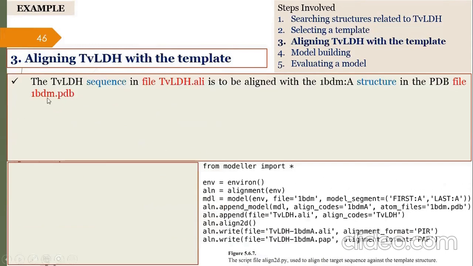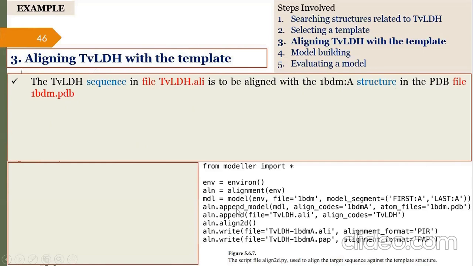And next is the TVLDH sequence in this file. In the initial file, the script file is to be aligned with 1BDMA, with the structure in the PDB file 1BDM.pdb.